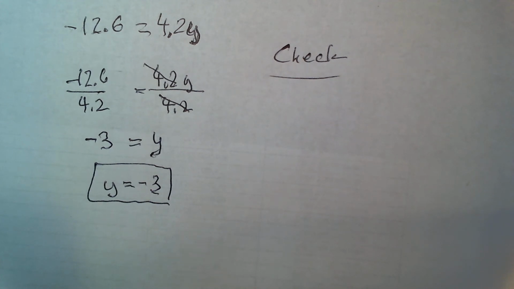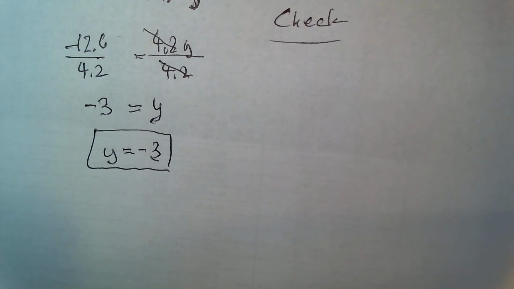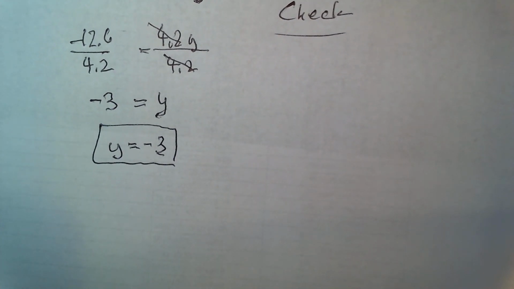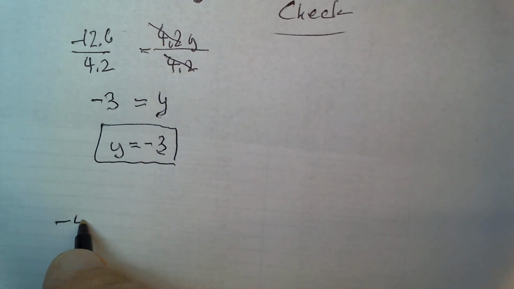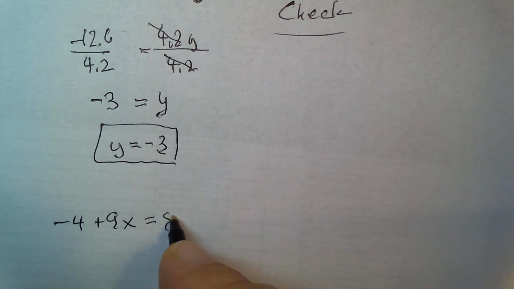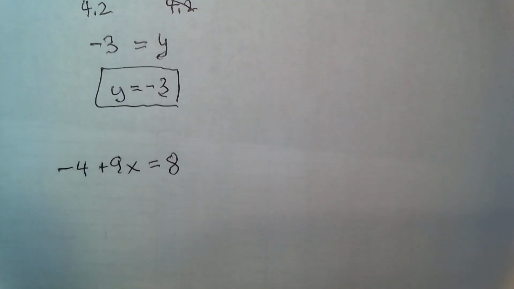So next we're going to use these two principles, the addition principle and multiplication principle, together. So let's look at an example. For example, minus 4 plus 9x equals 8. Okay?